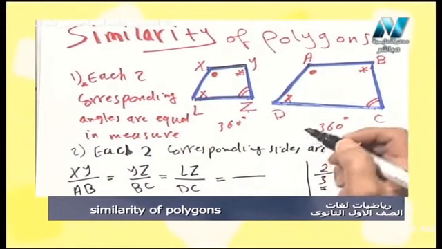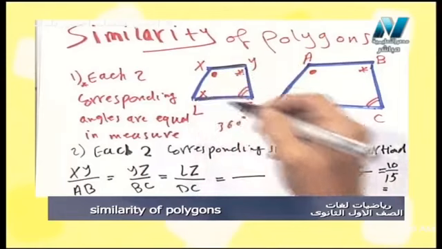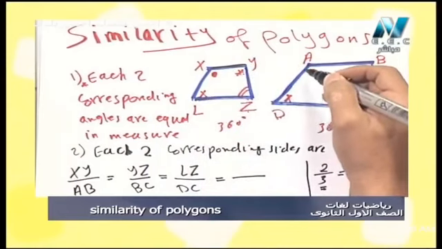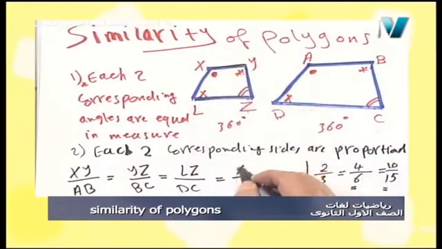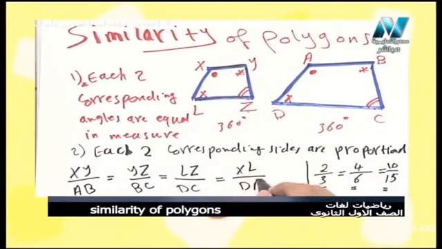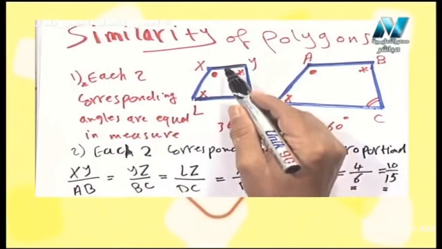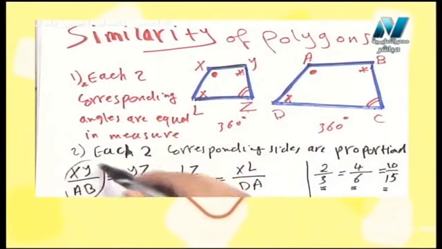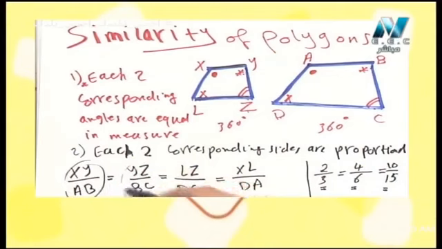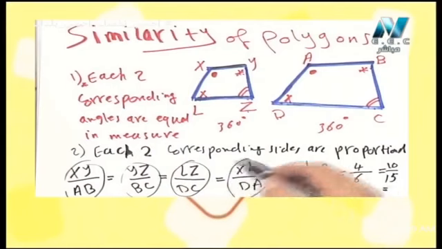And the final one, XL, corresponds to the side AD, so XL over DA. What is the meaning of each two corresponding sides being proportional? That means the ratio which contains the first two corresponding sides equals the ratio of the second two, equals the ratio of the third, and the fourth.